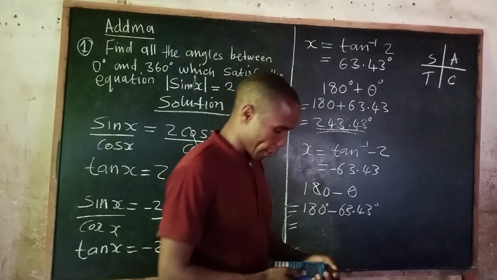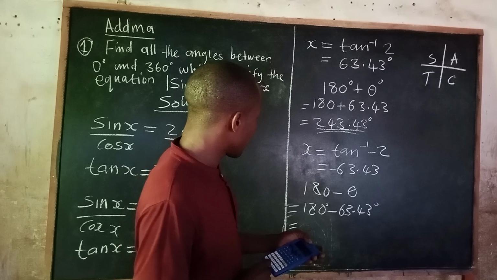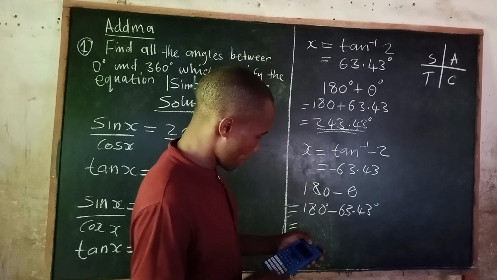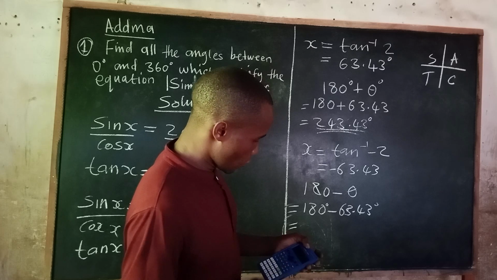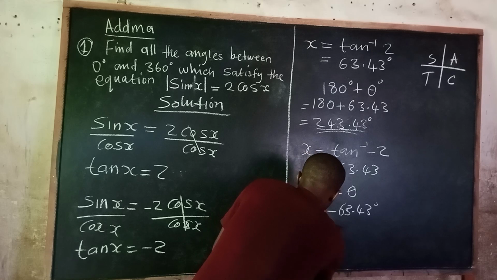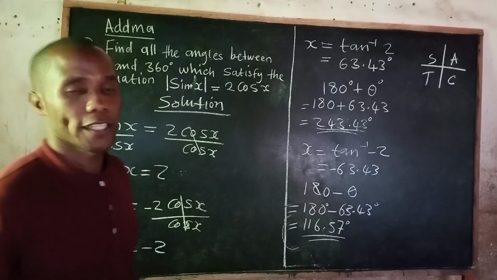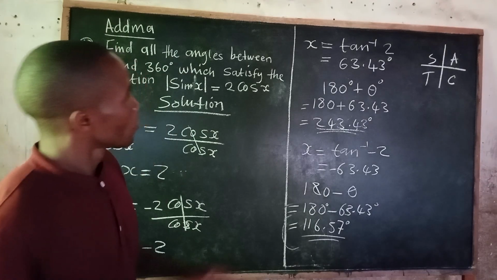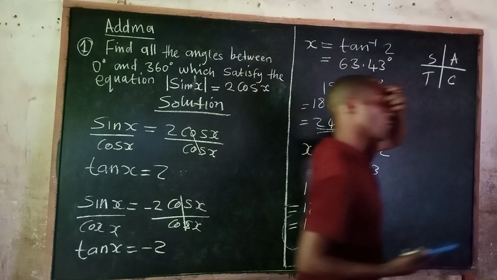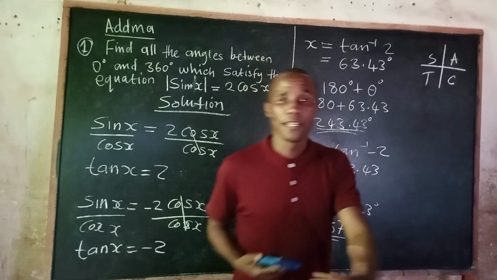So now let us subtract. 180 minus 63.43, the answer is going to be 116.57 degrees. So this is solution number 1. Okay. So we are done in the second quadrant. Let us now go to the fourth quadrant, that is where tan is negative.